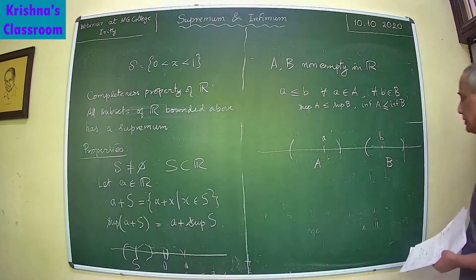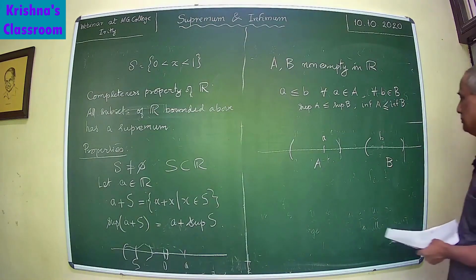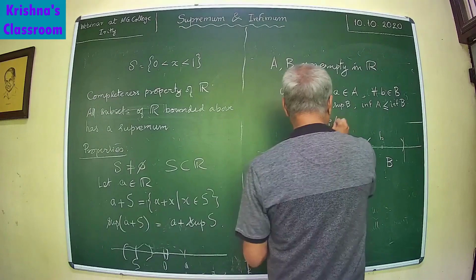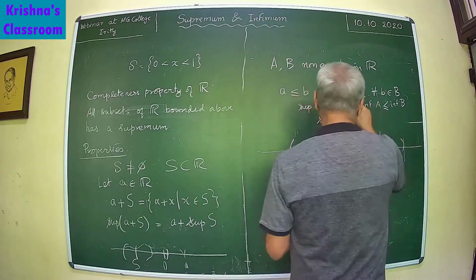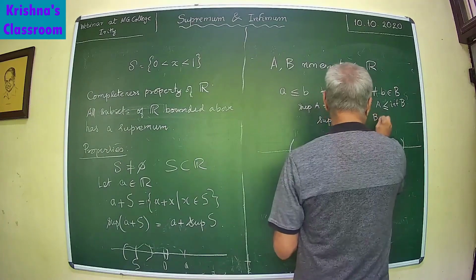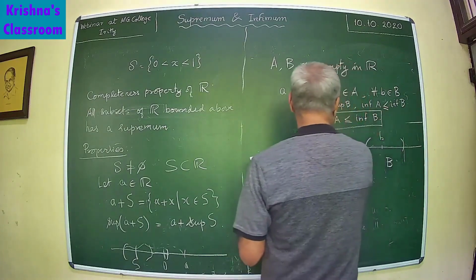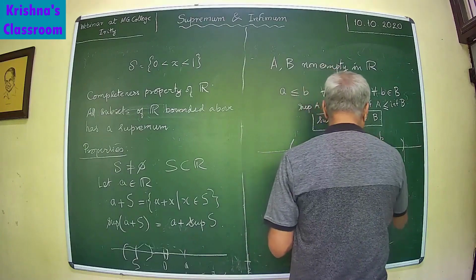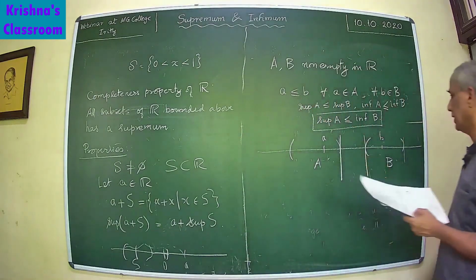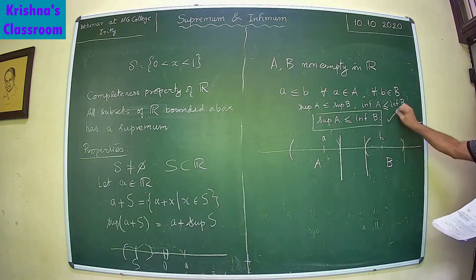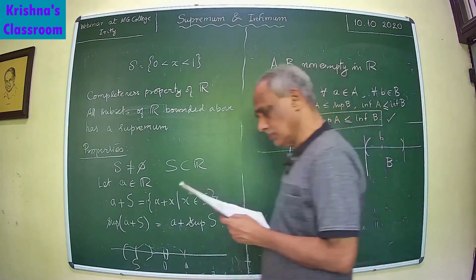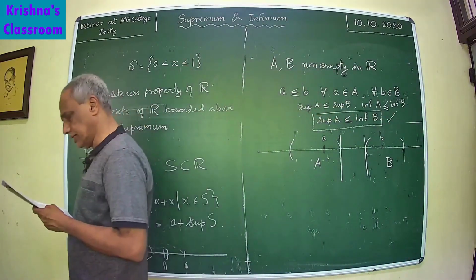Infimum of A is less than or equal to infimum of B. Then you also have supremum of A is less than or equal to infimum of B. Now this is B, and what is the infimum of B? Infimum of B is here, and the supremum of A is here. You see that this is B. But you have to give a proof for this.